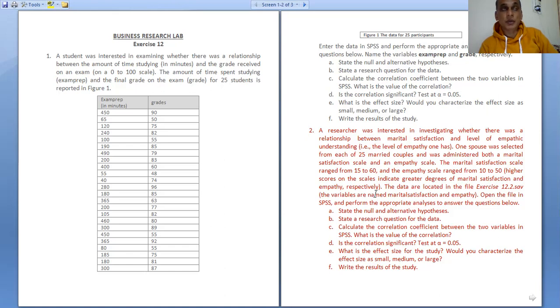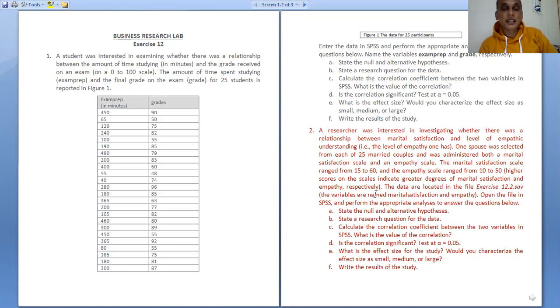Rho is the population value for the correlation coefficient. So we are saying rho is equal to 0. And when we say rho is not equal to 0, it is the alternate hypothesis. So we have answered the A part.